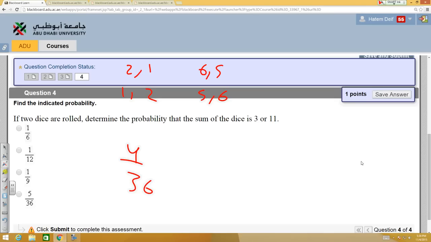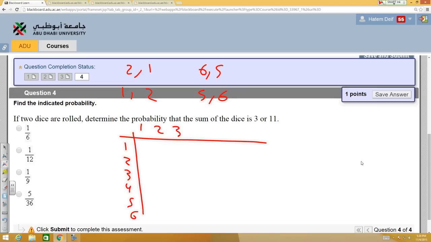But how can you calculate the same thing without manually listing? In the case of 2 dice, you can make a 2-dimensional table with all the outcomes. So you have 1, 2, 3, 4, 5, 6, and the second die will also be 1 to 6. This will take a bit more time, but it will make you more confident about the answer.